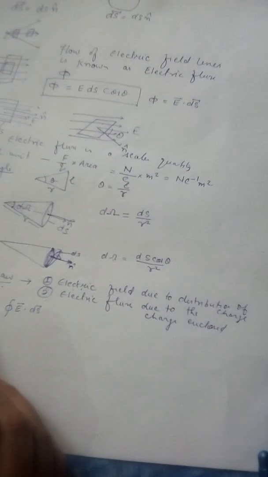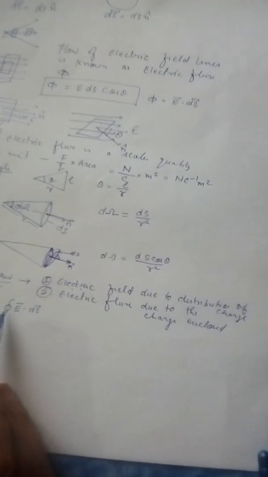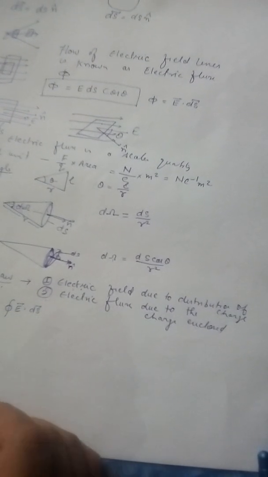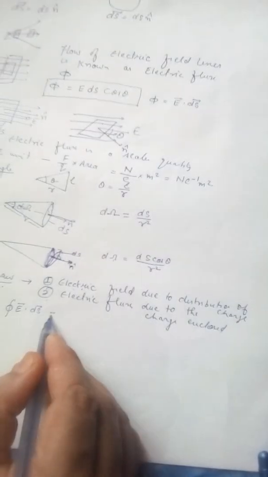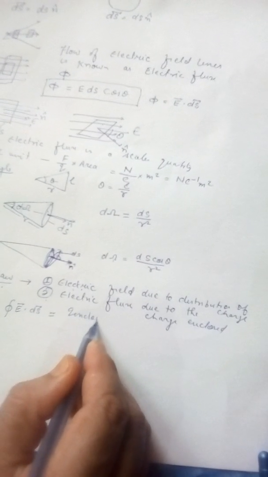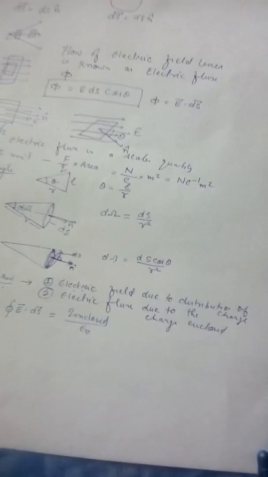So Gauss law is the flux, this I am representing electric flux, and that is the dot product of electric field and ds, and that is equal to the charge enclosed by epsilon naught. This is the formula.